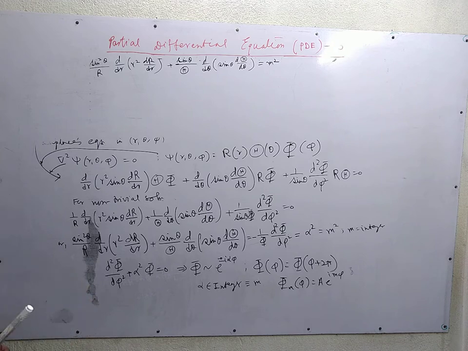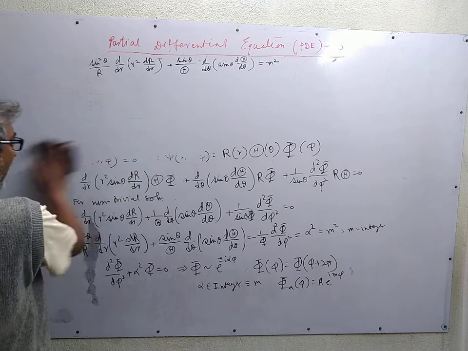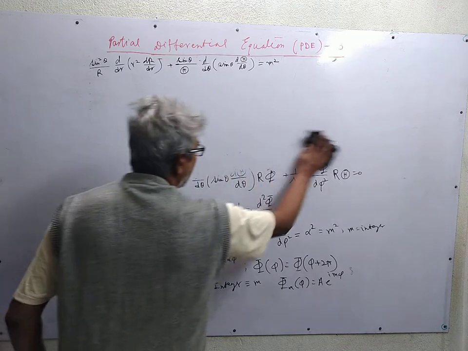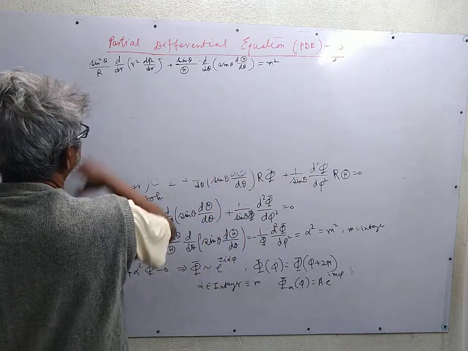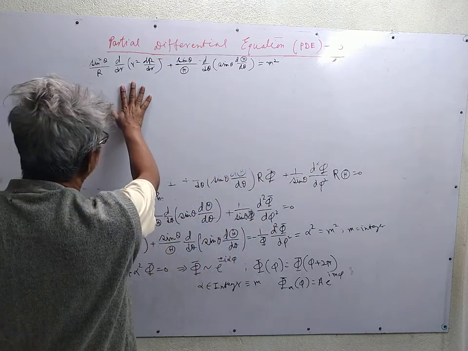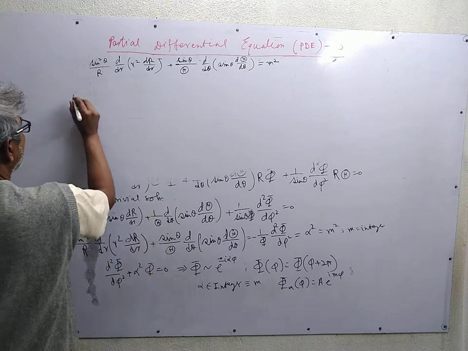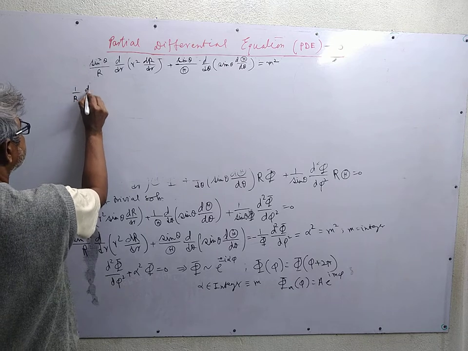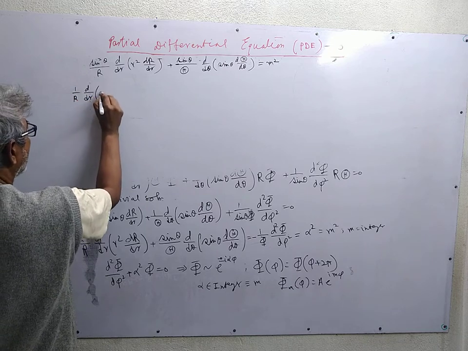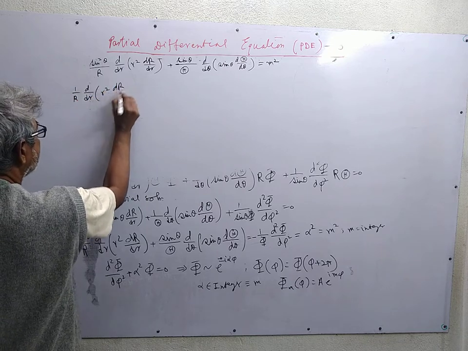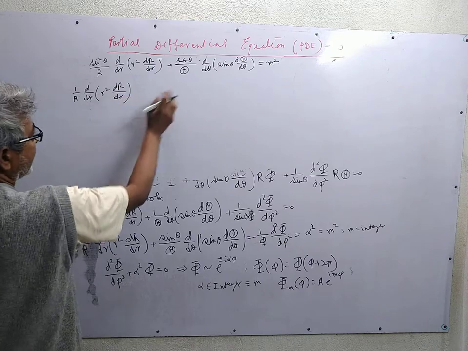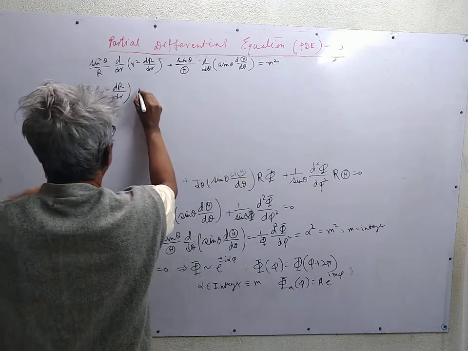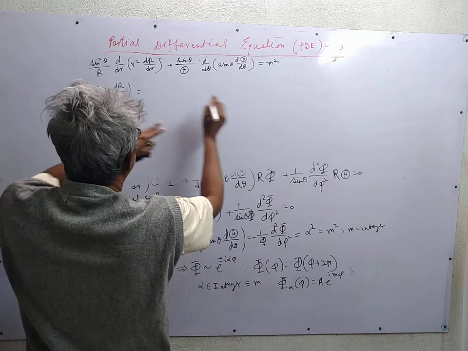So what we do, we divide both sides by sine square theta. So the left hand side becomes r dependent only. So we write it 1 by R d dr of r square dR dr, and we write this on the other side.